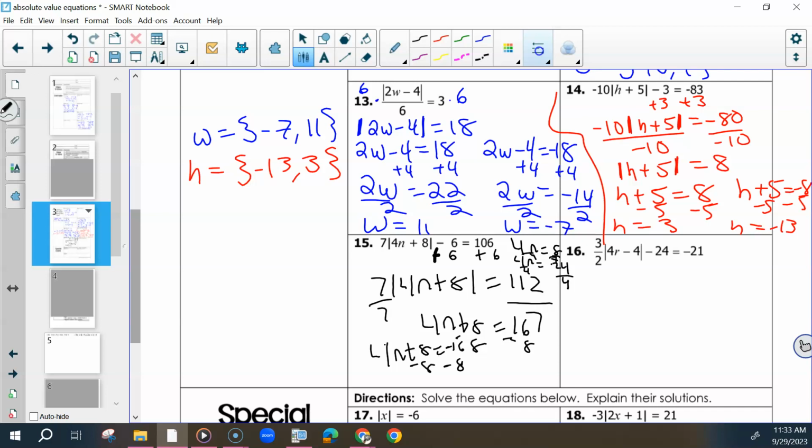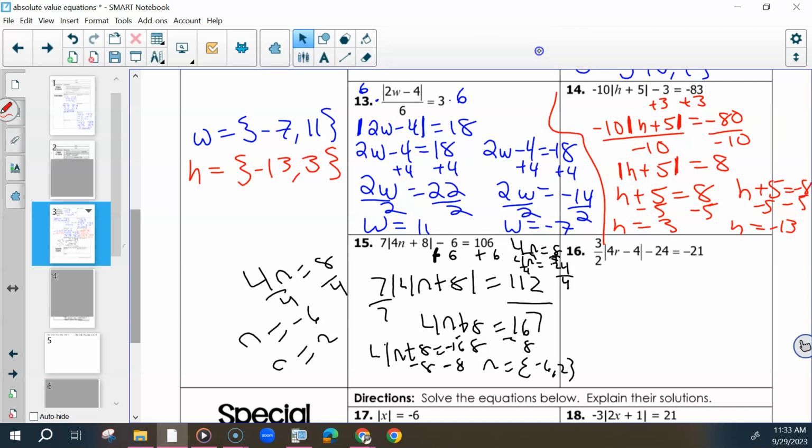You're also right off to the side of the main one, and the blank space to the left. Who else got negative 6, 2?